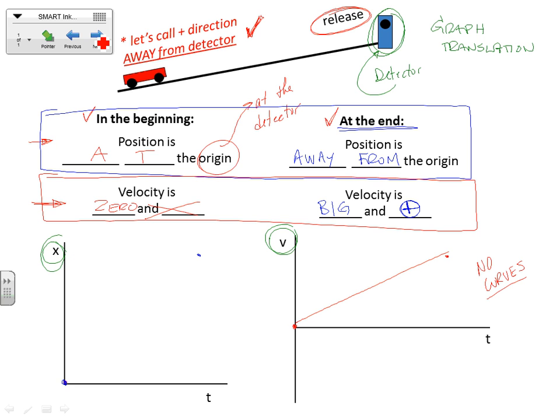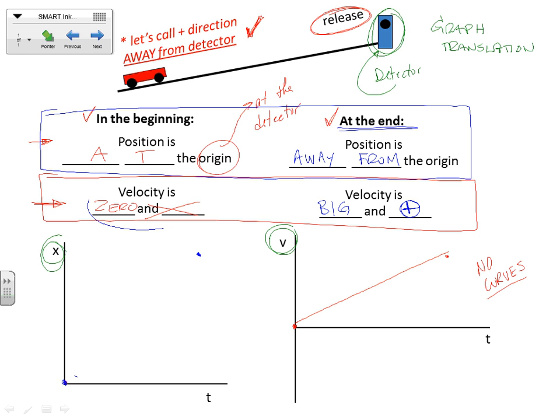Now, over here on the position in time graph, how do we get from this to this? It's not a straight line because this thing is not moving at a constant speed. It's a curve. There's one way to do it like this, and there's another way to do it like this. Which one is it? Remember, we have to make sure the velocity that we can tell from this matches up to what we need.